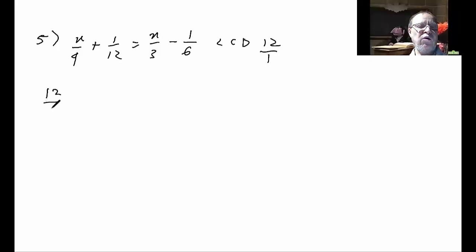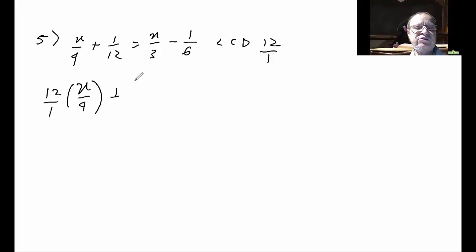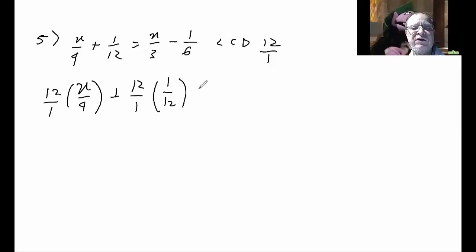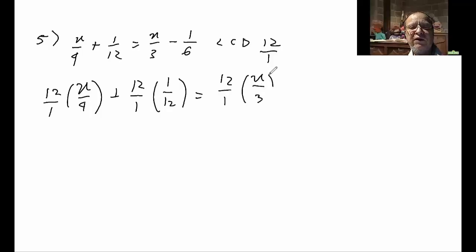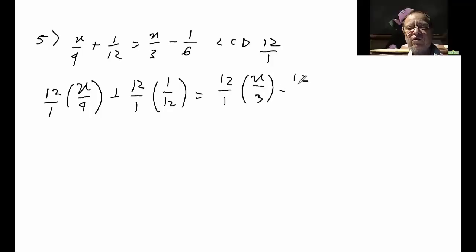12 over 1 times u over 4 plus 12 over 1 times 1 over 12 is equal to 12 over 1 times u over 3 minus 12 over 1 times 1 over 6.